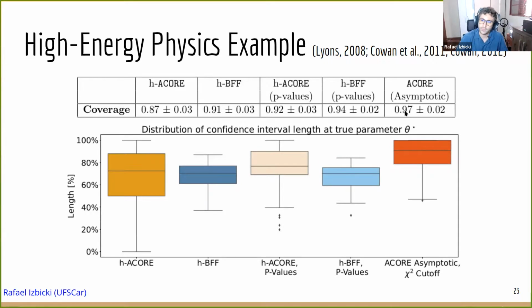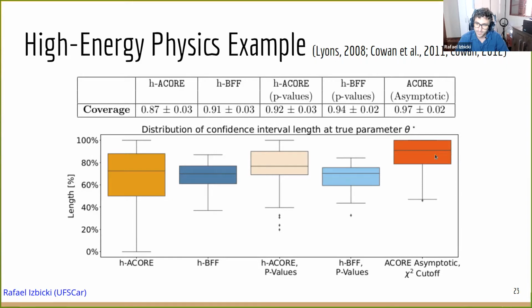And maybe you can think that's okay. If it's overcovering, in a sense, it's not worse. It's better than if it's undercovering, right? But when you look at the width of the confidence sets, basically what we're doing here is to generate many data sets at that particular value where we evaluated the coverage, and plot the length of these confidence sets as a function of how much of the parameter space they cover.